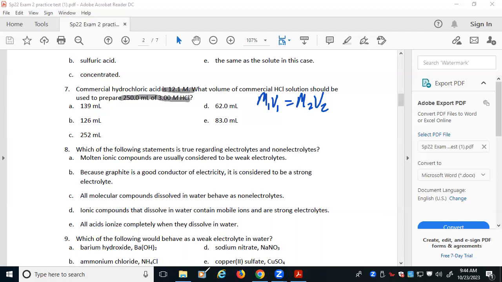Now, what I choose as M1V1 and M2V2 really doesn't matter so long as I'm talking about the same thing on the same side of the equation. So I've got 3 molar HCl and 250 milliliters of it on the one side. I've got 12.1 molar HCl and an unknown quantity on the other. Divide each side by 12.1 molar.